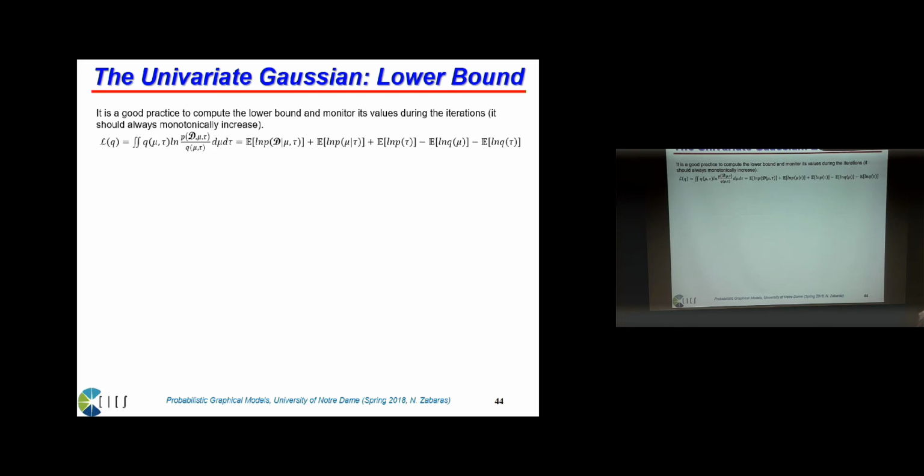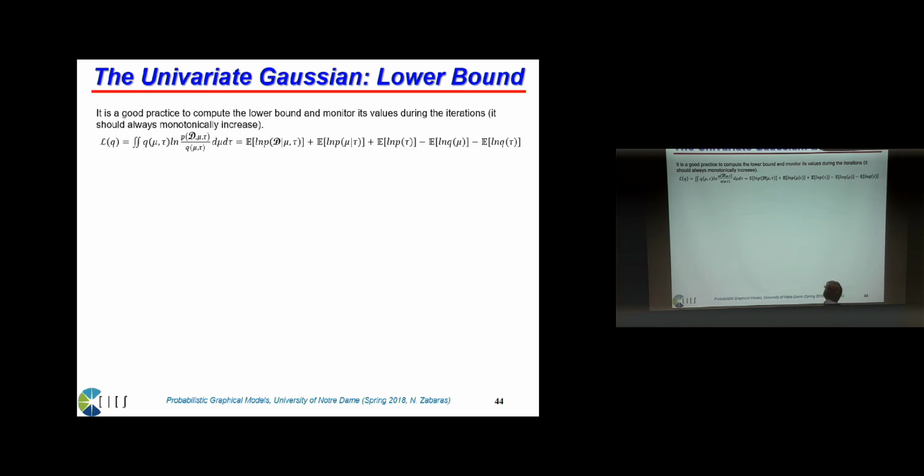So the lower bound, I remind you, is the expectation with respect to the variational distribution, Q of mu and tau, which we factorized, of the log of the joint likelihood, and I wrote it here explicitly. This is my data D, mu, and tau, divided by the variational distribution of mu and tau, integrated over mu and tau. All right, this is the definition we use.